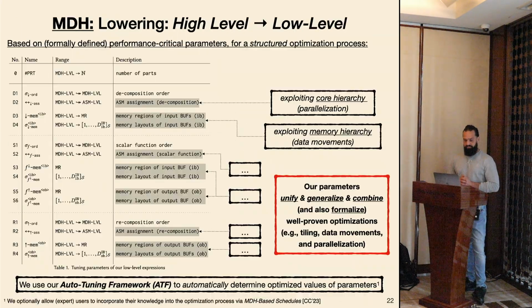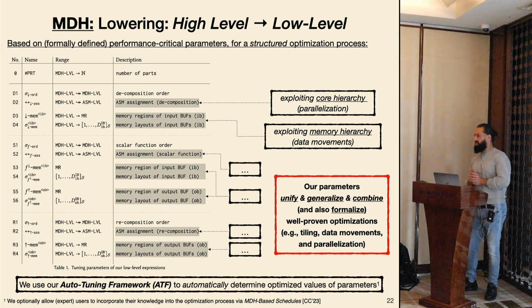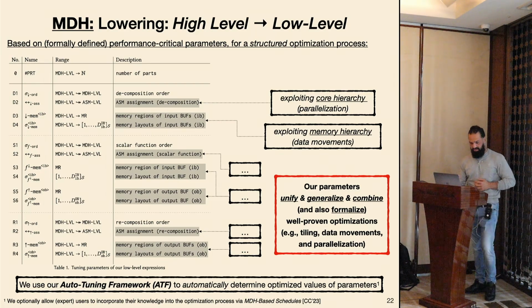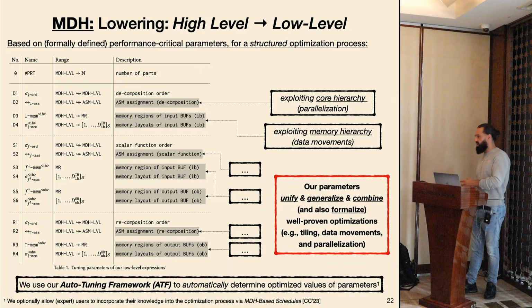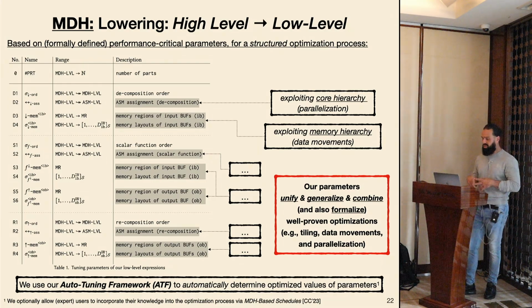Okay, that's of course a very mathematical presentation, but these are tile sizes here. For example, that's a loop order, a permutation parameter. Then let's skip this one. But here are the memory regions. For example, in which memory region tiles should be computed: global memory, register memory, shared memory when you target GPUs, and these kinds of things.